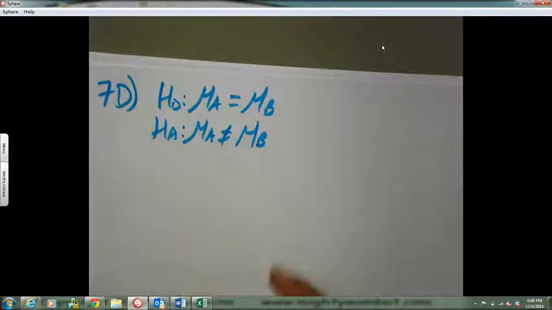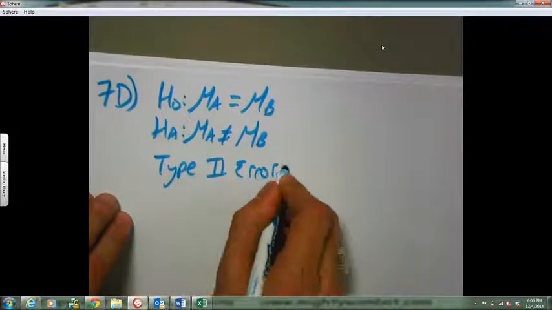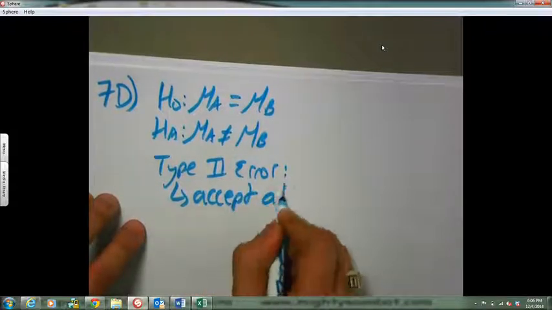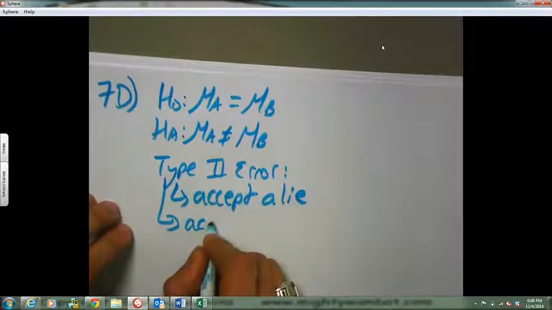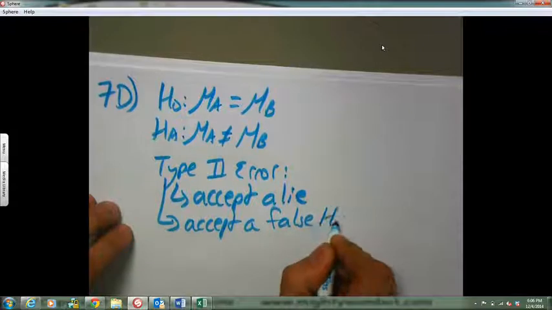So type 2 error. Type 2 error is, we just said, accepting a lie. Type 2 error is when you accept a false null hypothesis.